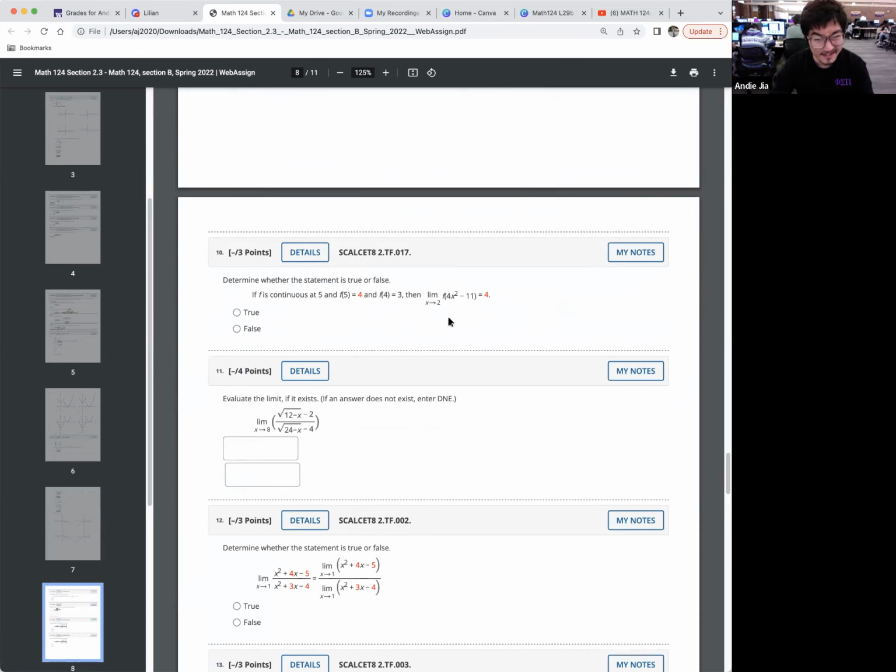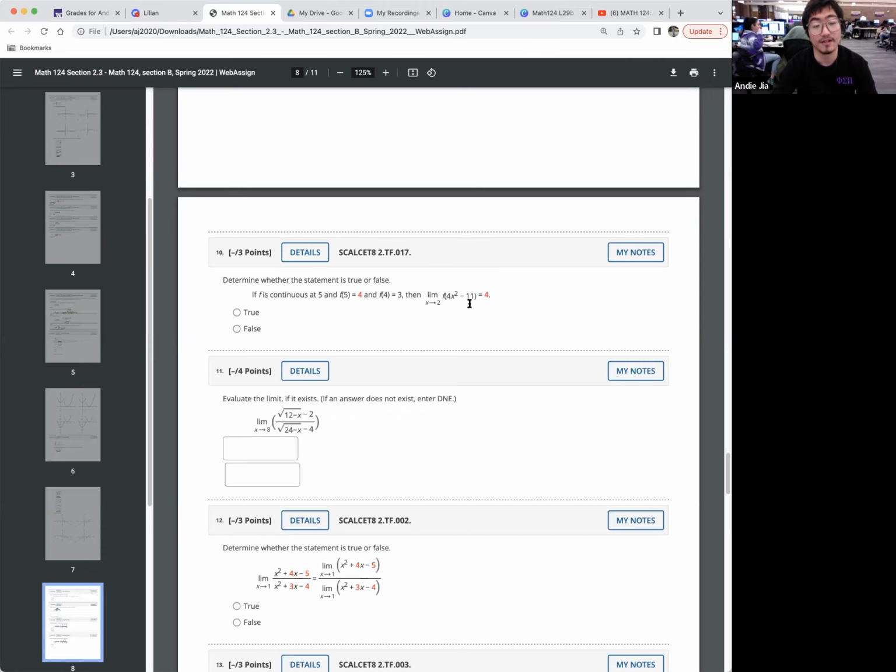These are either true or false. But here, if we have 2 times 4 is 6 times 5, so it's actually 5. So this is not continuous because it's 5, 4, 4, 3, 3, 2, 2, and 1.